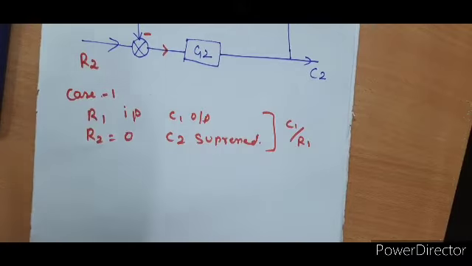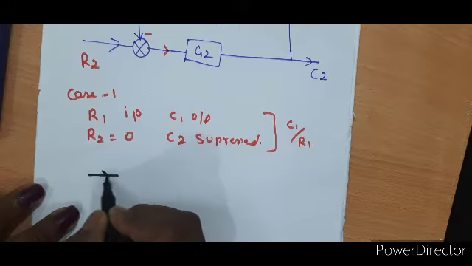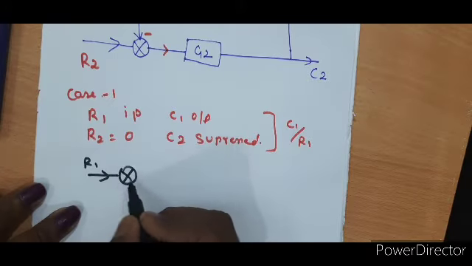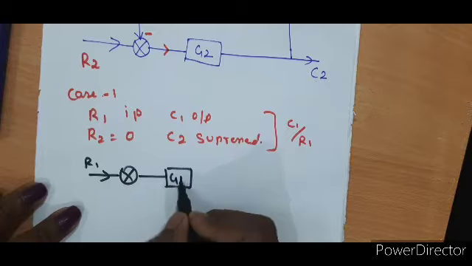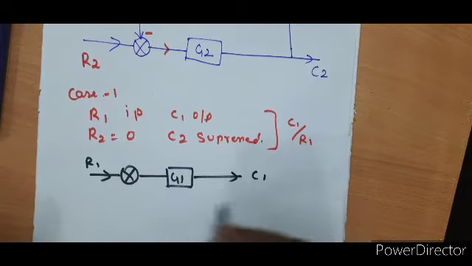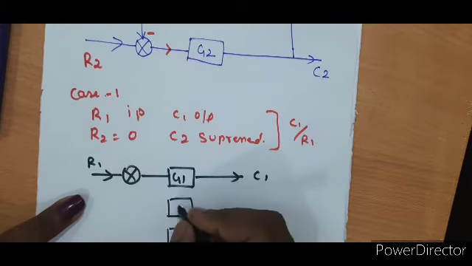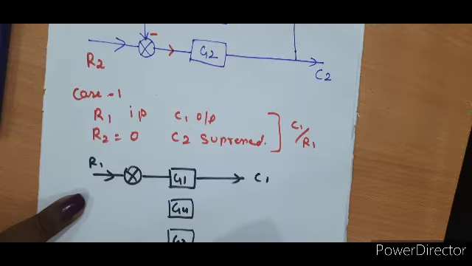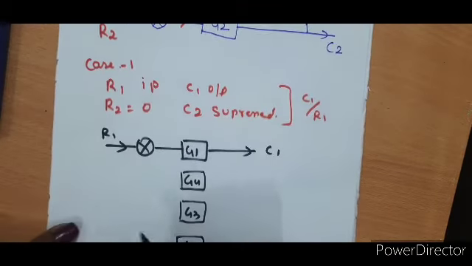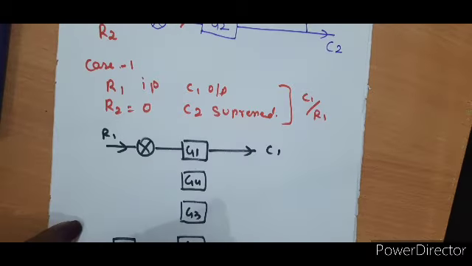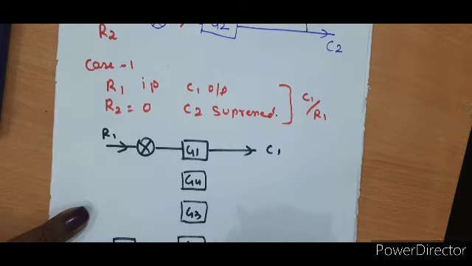For that purpose, I am drawing the circuit here to show this case. I have an input of R1, a summing point, G. Now what is the condition I put? I have removed that block and hence I will replace it by a value of minus 1.